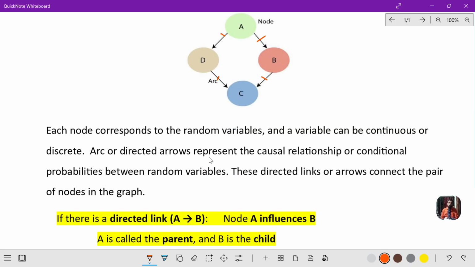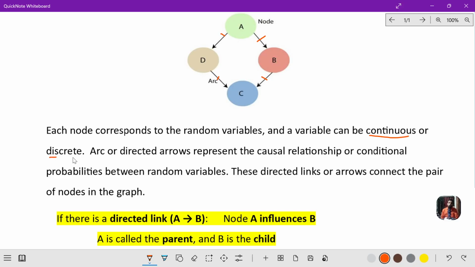Each node represents or corresponds to a random variable. So remember all of you, A is a random variable, B is a random variable, C is a random variable, D is a random variable, and it can be continuous or discrete.